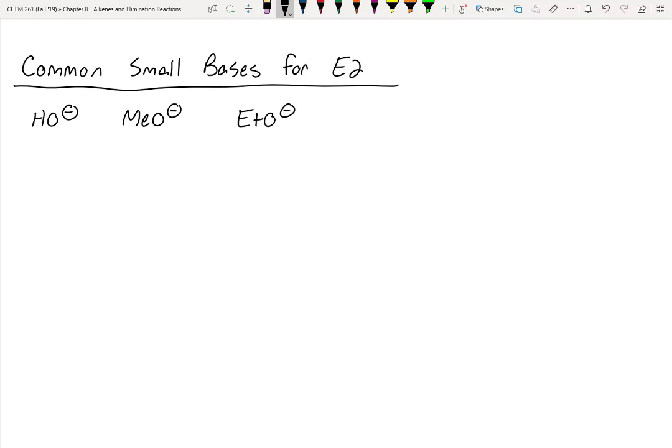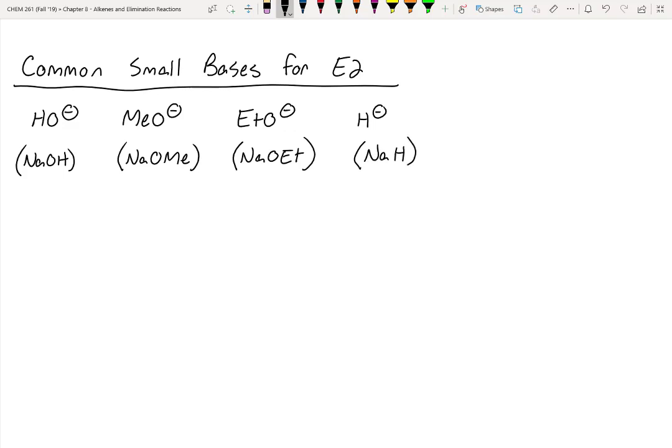We don't want to go all the way up to tert-butoxide because that's too bulky. And then the last one that's pretty common is hydride. So down here we could write NaOH as an example. We could have NaOMe. We could have NaOEt, that's sodium ethoxide. Or we could have something like NaH. You see how sodium's just a spectator cation for all of these as a positive charge?